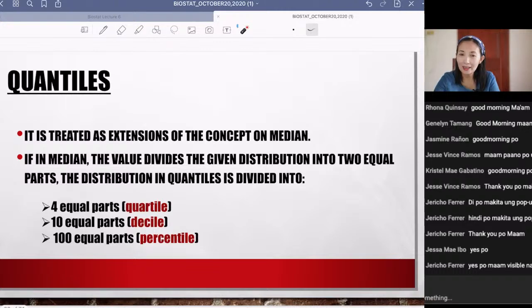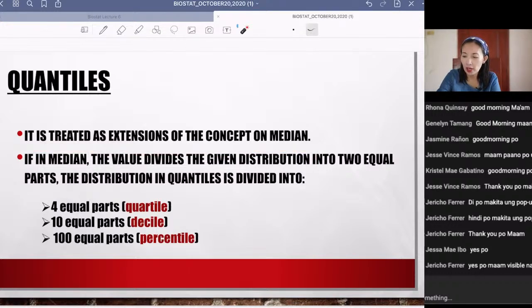Okay, quantiles. Generally, your quartiles, deciles, and percentiles are called quantiles, your measures of position. It is treated as an extension of the concept of median.